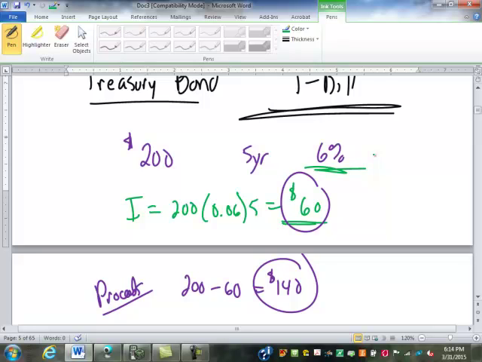If you cash it in like 50 years later, you're still going to get interest. Generally, what they do is if interest rates have gone up, they just let it stay at the 5 or the 6%. If interest rates have gone down, they drop it down to that new lower rate. Sometimes, even if interest rates have gone up, they'll drop it down a little bit anyway, just because they can.